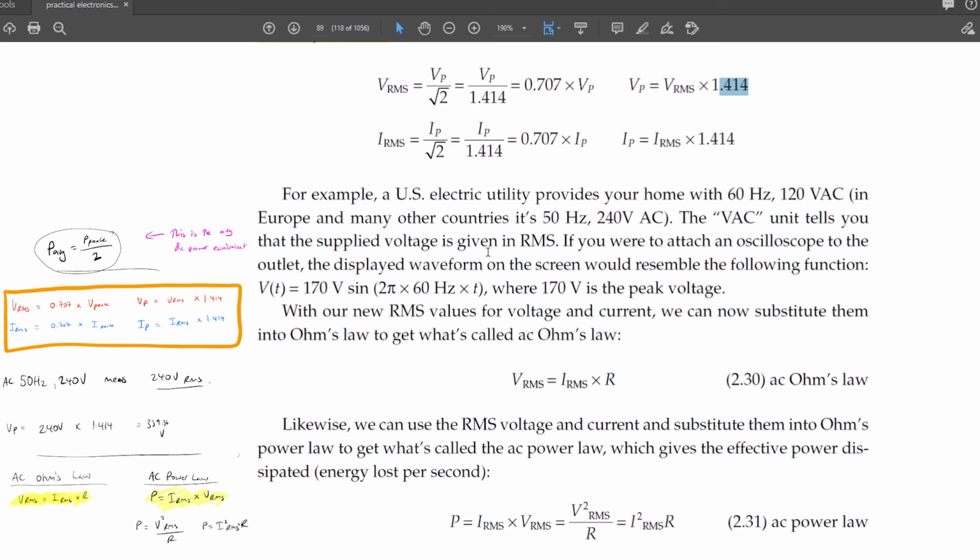So voltage RMS is equal to I RMS times resistance. That's cool. Again, super happy with that.